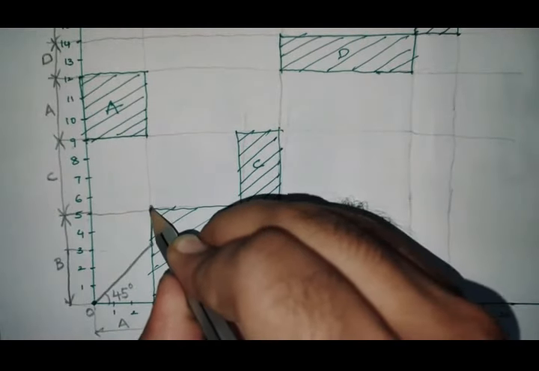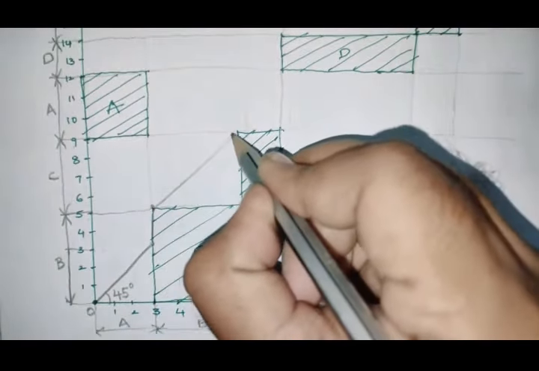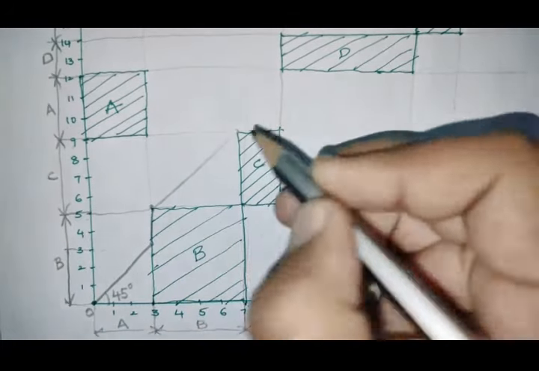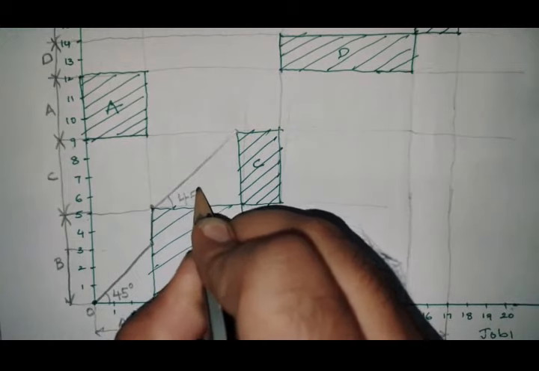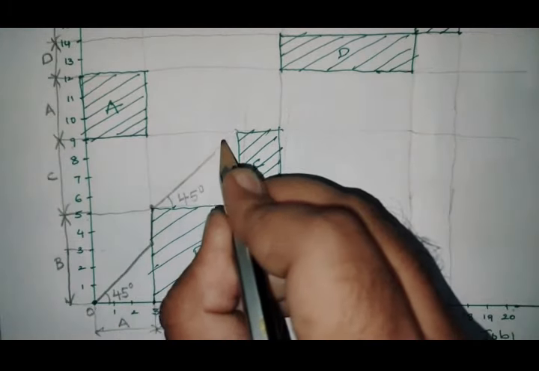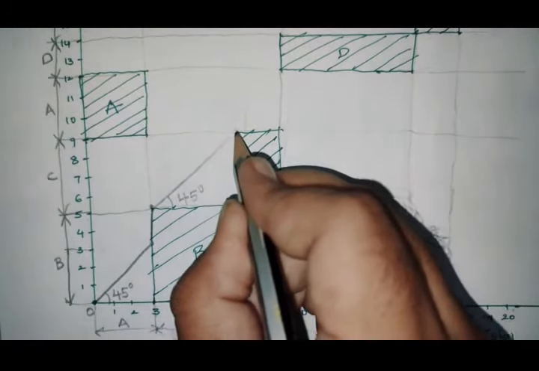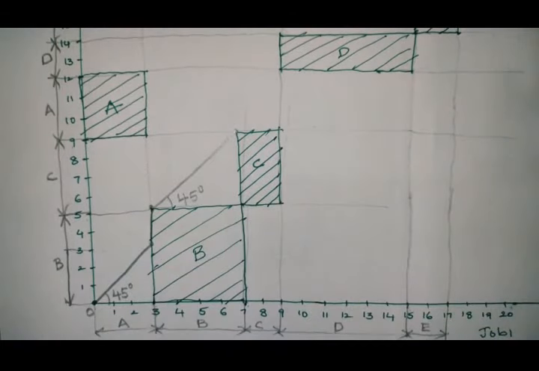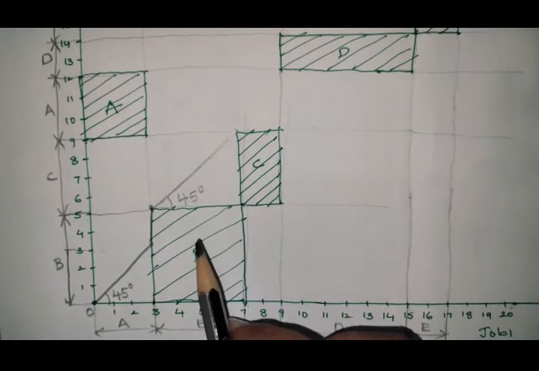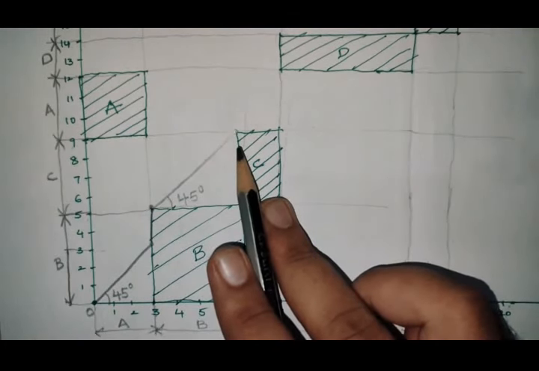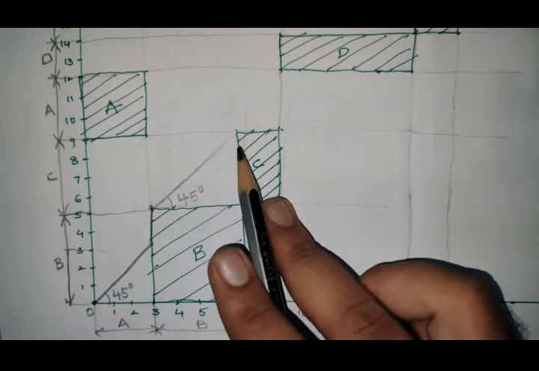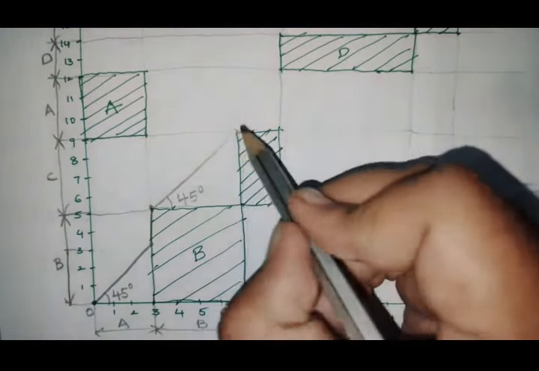Then if you draw a 45 degrees line, it will meet here definitely, or otherwise with the help of protractor also you can do. Then it will meet at this point only. But if you are able to draw with a free hand, then you can draw, or otherwise use the protractor in order to draw the 45 degrees line. Right, it will meet here.